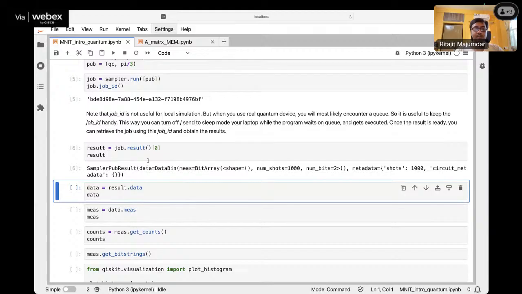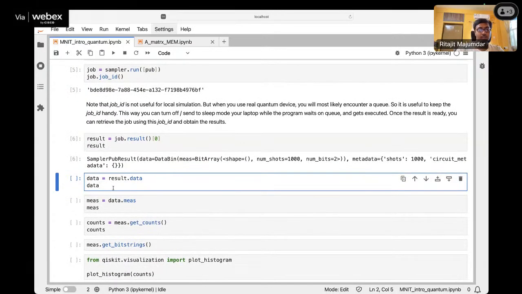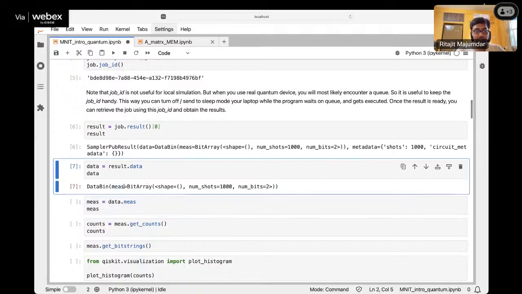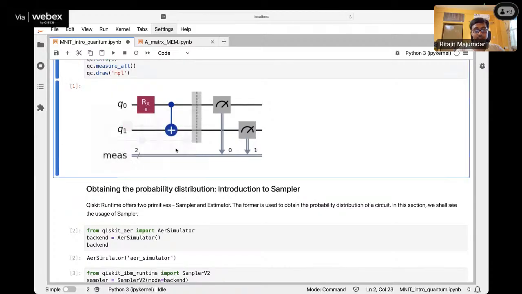And the data part is what we are most interested in at this moment. So let's go into the data part of this. The data part contains the number of shots, the number of bits, which is equal to the number of qubits, and the measurement outcome. Now note this, that this name, maze, is equal to the name given here.